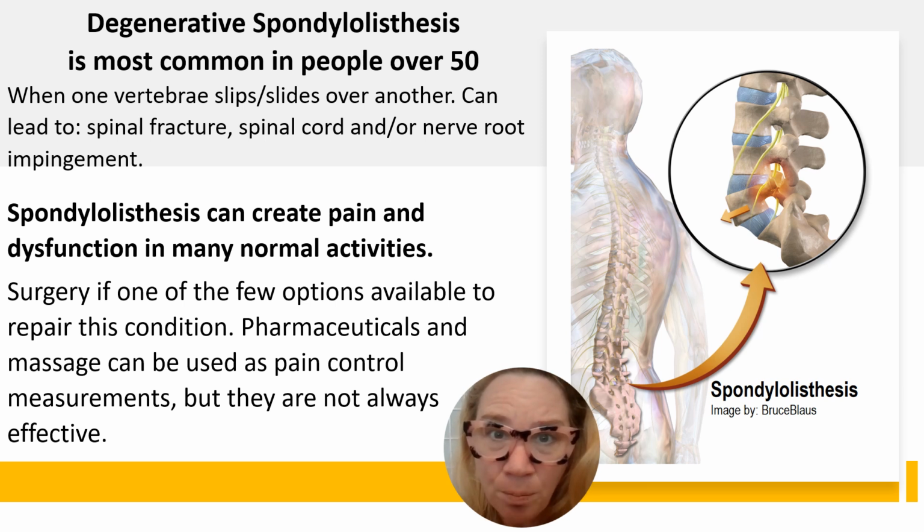Spondylolisthesis can create pain and can also inhibit daily activities and exercise and more for geriatrics and anyone who suffers with this disease. Surgery is one of the few options that can be corrective or curative, although pharmaceuticals and massage may help.